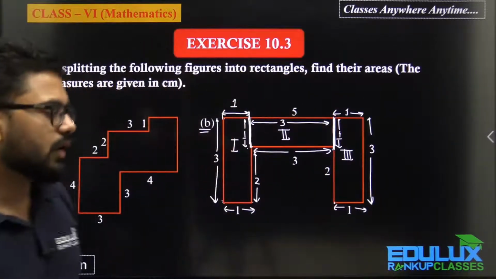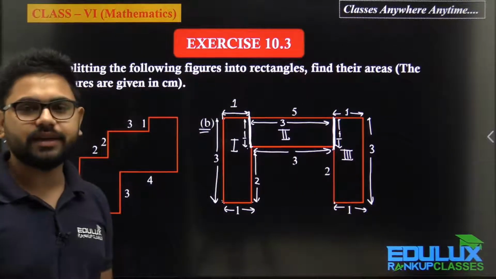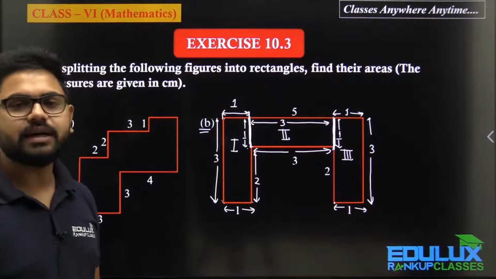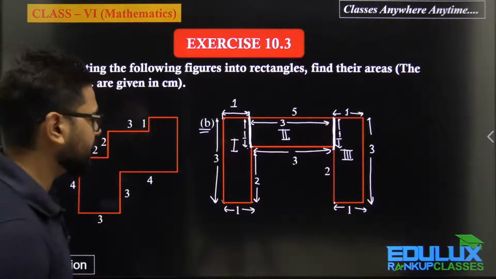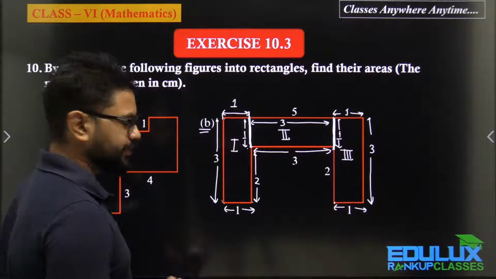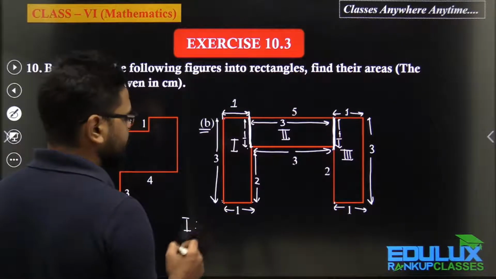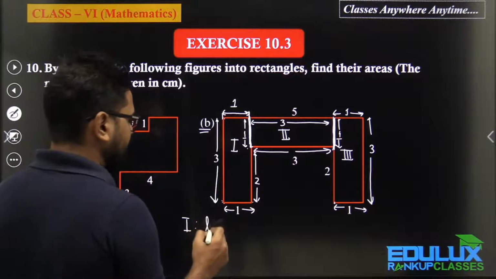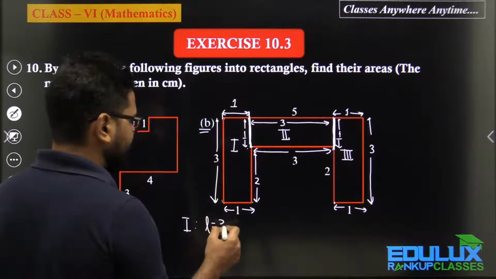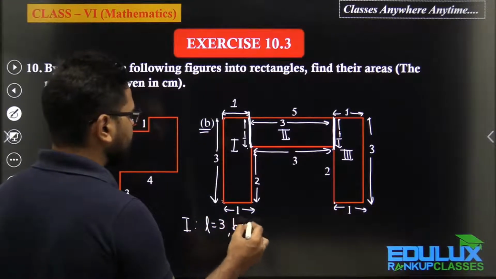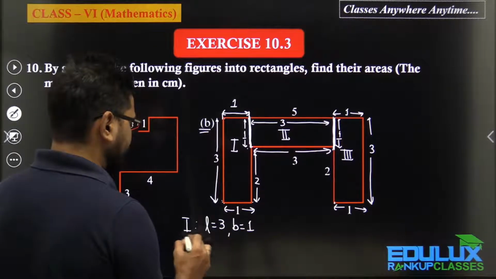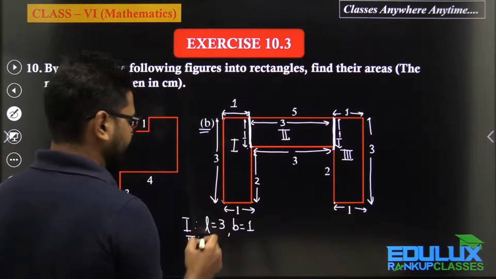Okay, so we have got all these rectangles that we can, by adding their areas, get the area of this complete figure, है ना? So we are going to just write the dimensions first. So for first rectangle, this one we are having L is equal to 3 and B is equal to 1. For the second rectangle we are having what?